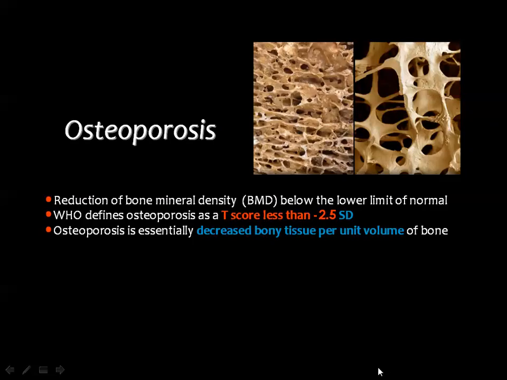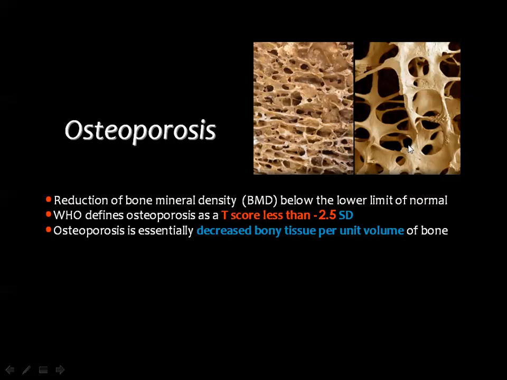Then, what do we mean by osteoporosis? Osteoporosis means that there is a decrease in the bone tissue mass per unit volume. If you look here, this is the normal trabeculation of the bone, and here is the osteoporotic bone.